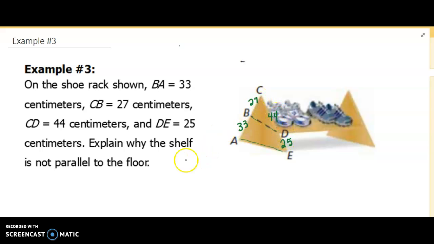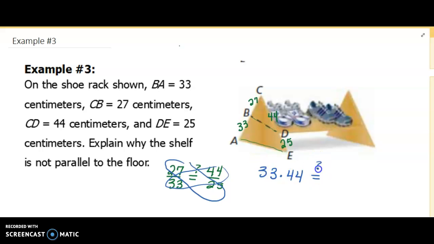So I'm just going to set up a proportion. I'm going to say 27 over 33 equals, with a question mark, because we know it's not, but we're checking, 44 over 25. We're going to solve this the same way we would if there was an x. I'm just going to cross multiply. So 33 times 44 equals, with a question mark, 27 times 25.